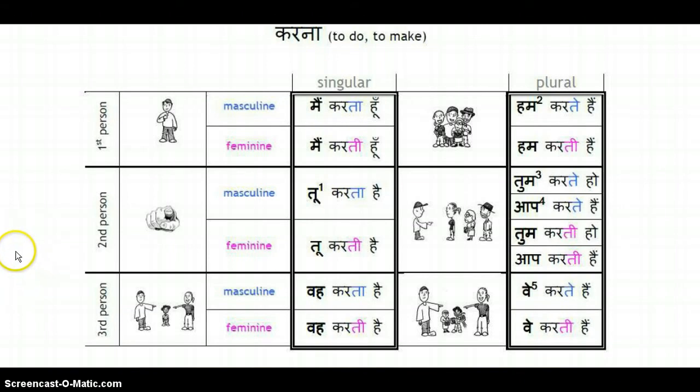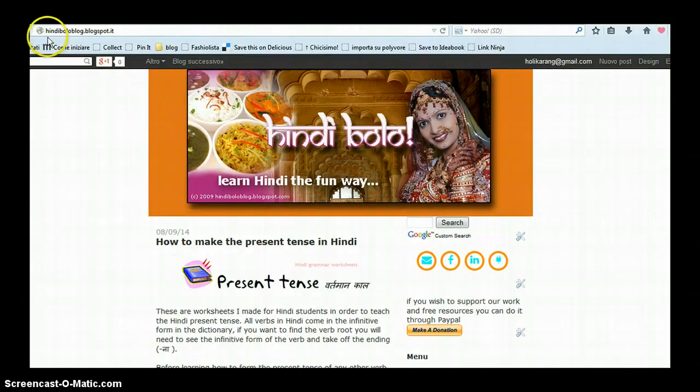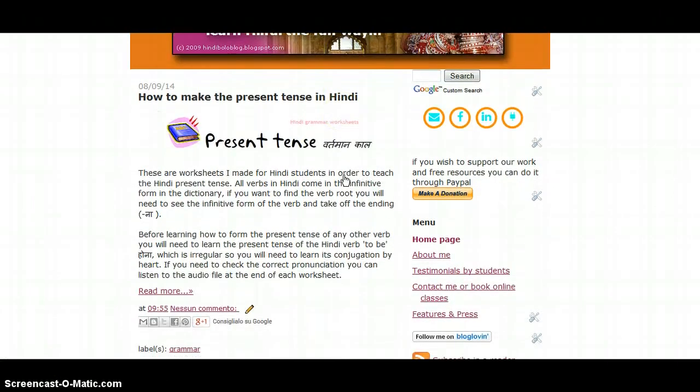And then just need to learn how to make the first part of the verb with the root and the endings. So if you wish to find worksheets I have used, which are my own, you just need to go to my blog, hindiboloblog.blogspot.it or .com as you prefer, and there you will find different posts, but especially posts with these worksheets we have seen in this video.